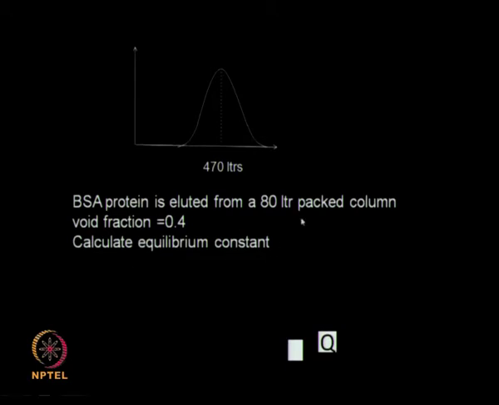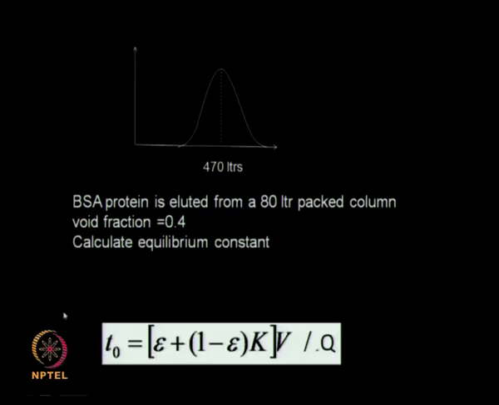So if you remember the equation which relates equilibrium constant, the voidage, the column size as well as the retention volume. Okay, this is the equation. T naught, that is the retention time, is equal to epsilon, that is the voidage, K is your equilibrium constant, V is the volume of the column, and Q is the flow rate.